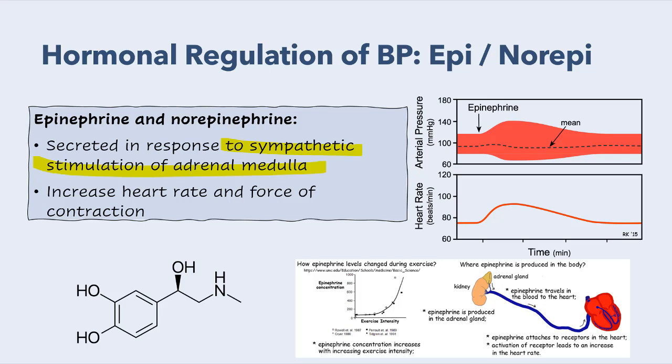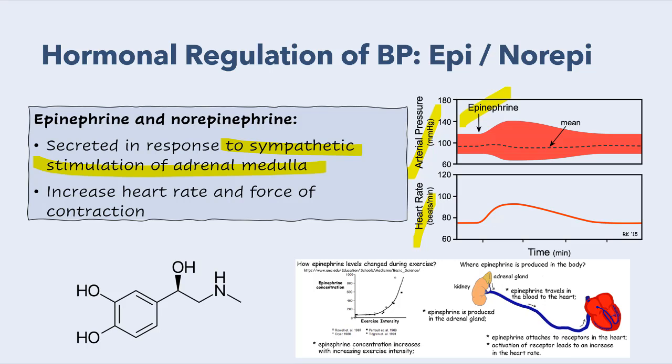causing vasoconstriction or vasodilation. So for epinephrine and norepinephrine, once they are secreted because of sympathetic stimulation, we see an increase in heart rate, which increases cardiac output. We also see that they have a function in vasoconstriction, which increases resistance and increases pressure as well. So all of that is related.